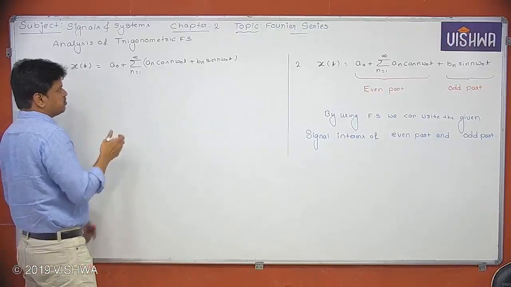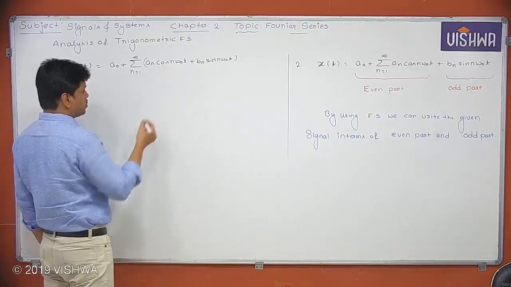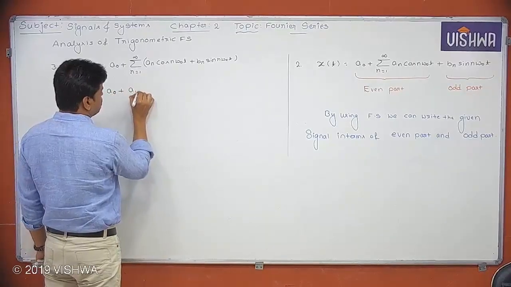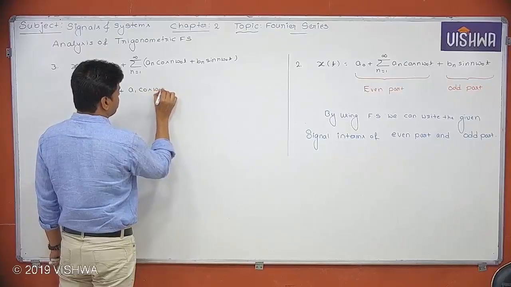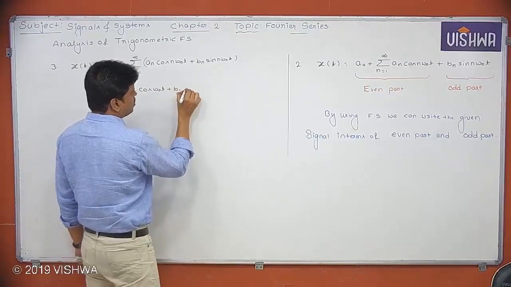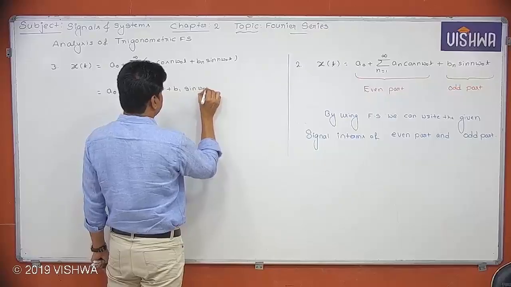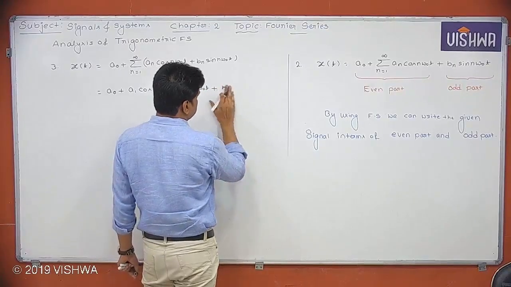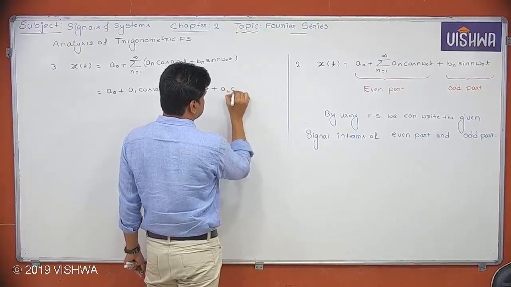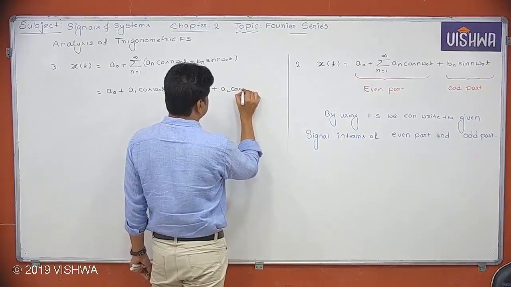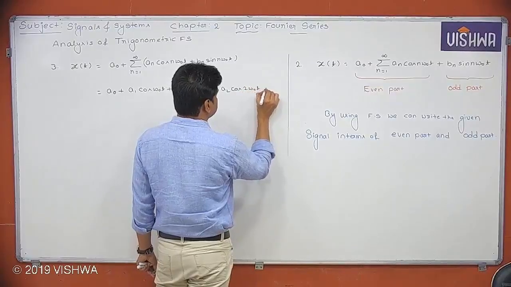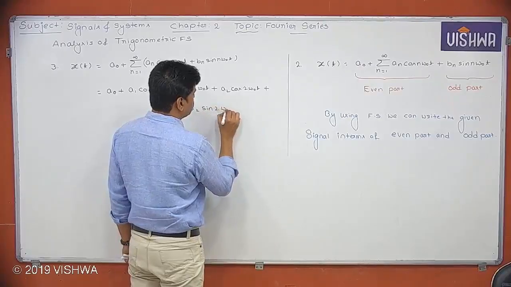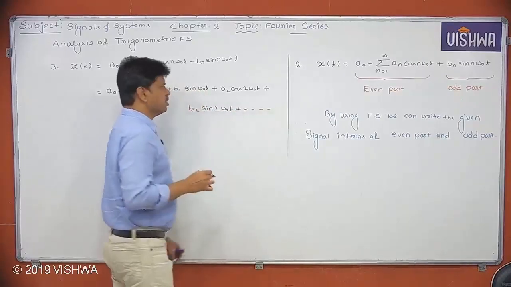If I expand this one by putting n is equal to 1, n is equal to 2, n is equal to 3 and so on, I can expand it like this: a0 plus a1 cos omega naught t plus b1 sin omega naught t. Next, suppose n is equal to 2: a2 cos 2 omega naught t plus b2 sin 2 omega naught t, plus and so on. Like that I can write.